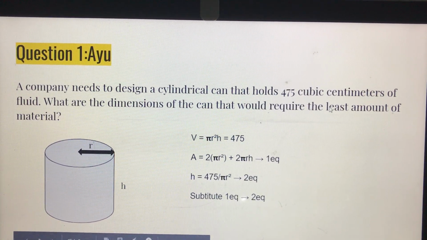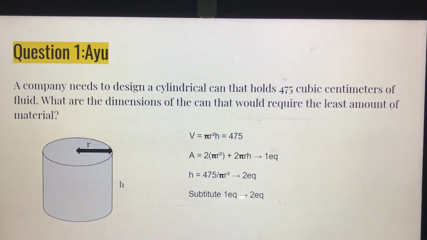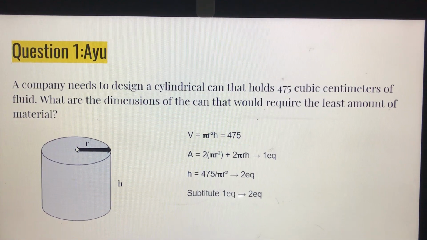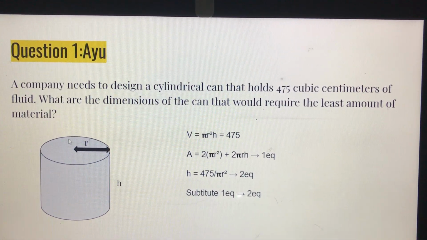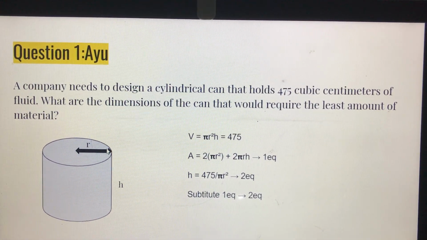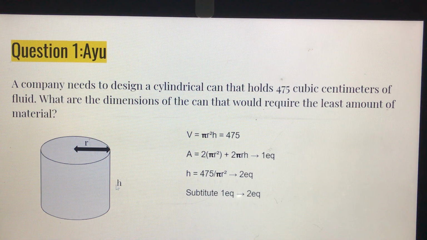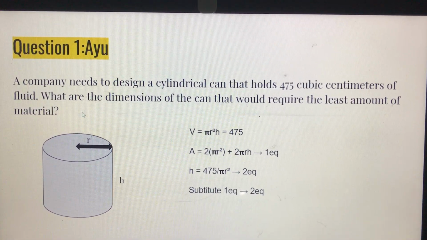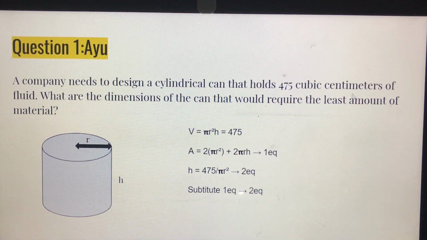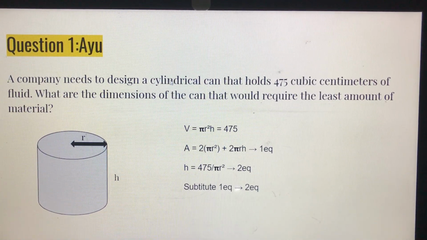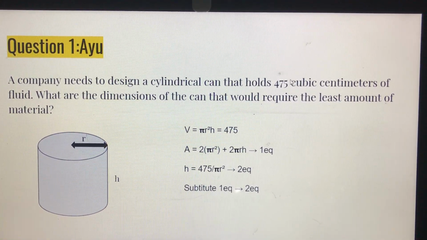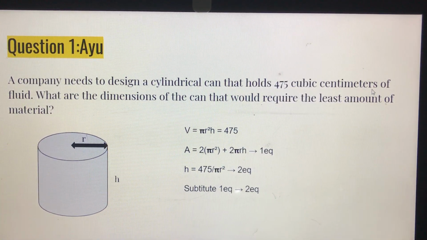And after that, we know the variables we can use in this cylinder are the radius r and the height h. And from this question we can see the information, which is the volume of the cylinder, 475 cubic centimeters.